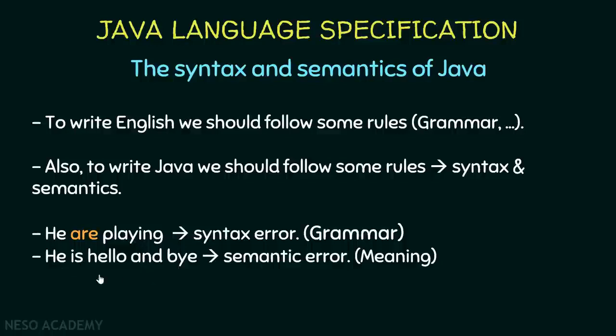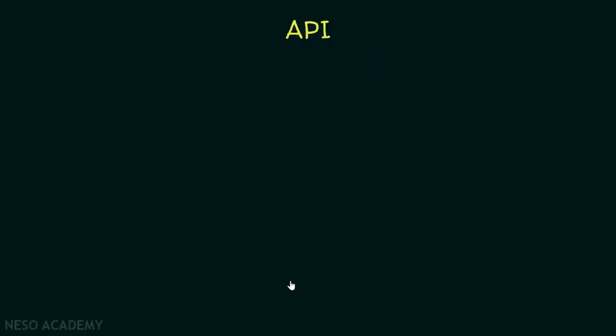So as you can see, this sentence doesn't have a meaning. So in Java, whenever we write something that doesn't have a meaning, this will be a semantic error. So let me tell you this, don't confuse yourself and only take the idea. Later on, we will take a look at different types of errors and you will understand everything whenever I give you examples from Java.